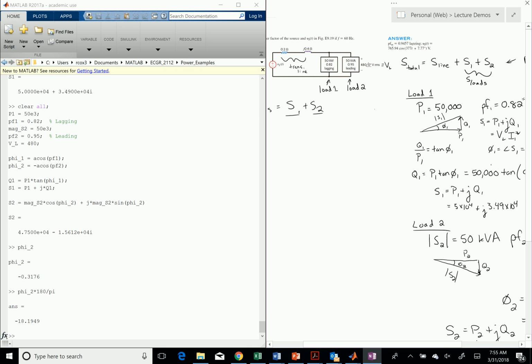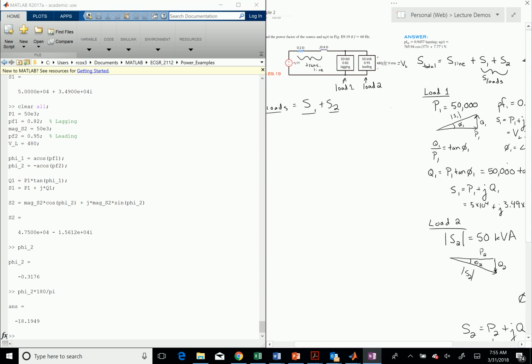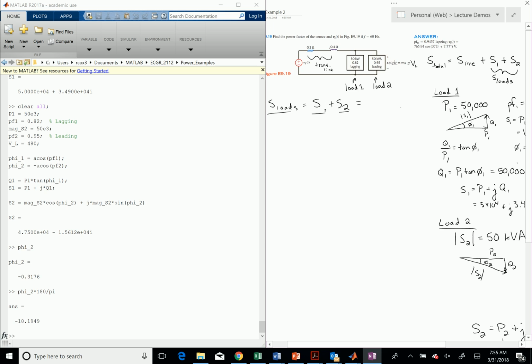I could instead say this has to equal VL times I conjugate, where I is the current going into the combination of those two loads. Basically, I'm combining the complex powers of these two loads in parallel, lumping them as one load, saying the voltage across them is VL and the total current into them is I. I could say I equals I1 plus I2. If you plug that in, you'll see I get the same exact result.